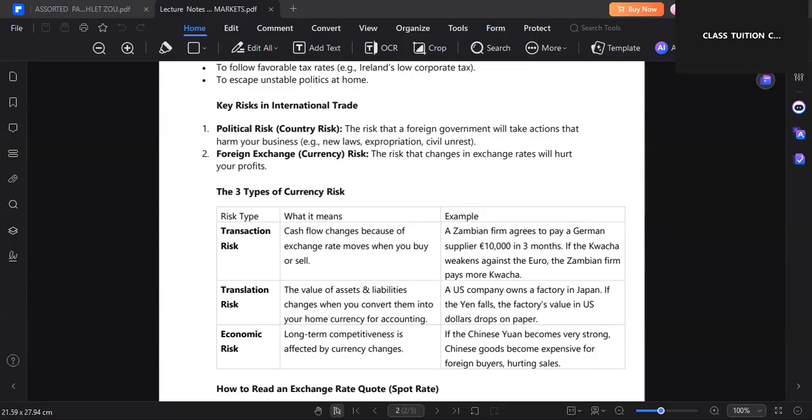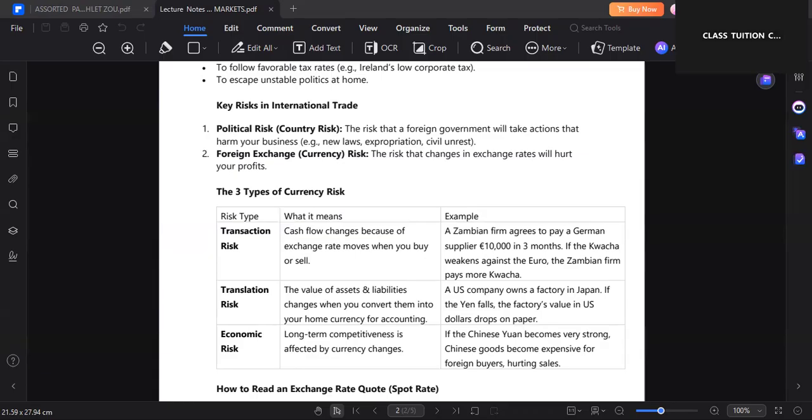Expropriate your factory or take it away without any compensation, or impose new taxes or regulations, or block you from taking profits away from the country. So this political risk, country risk, is different from the foreign exchange risk. This is the risk that changes in exchange rates will harm your profits. So this is a huge problem for international companies.